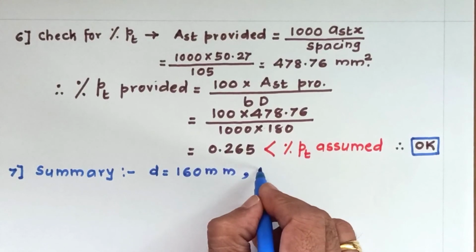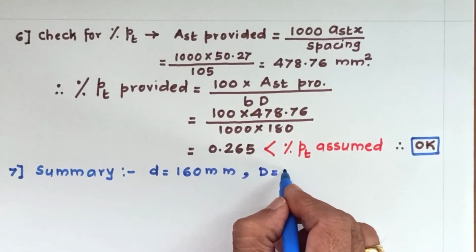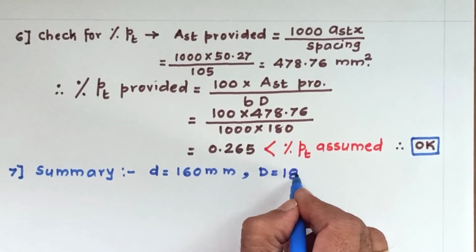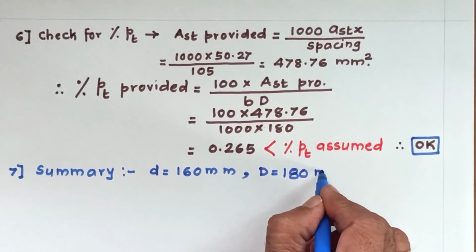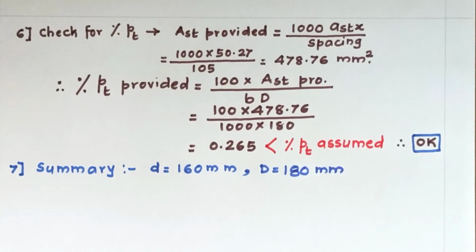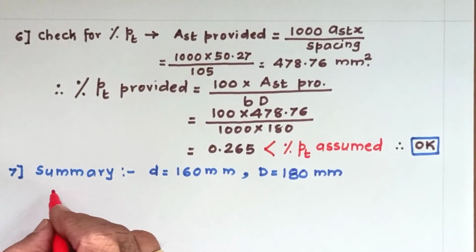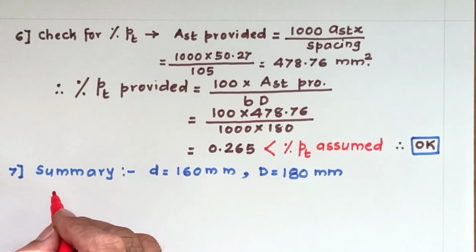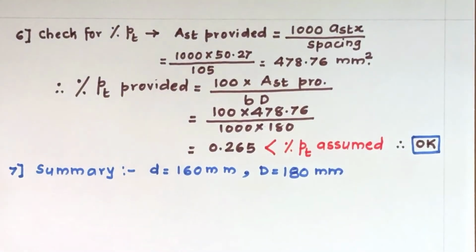Overall depth is 180 mm. Then reinforcement along the shorter span.